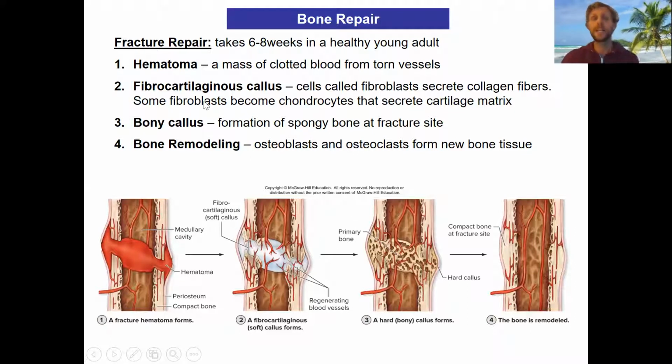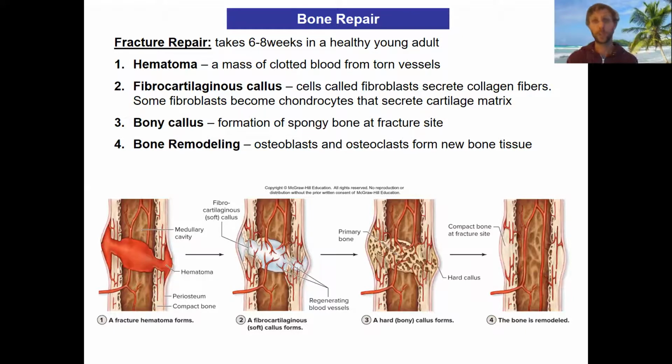Okay. It is that cartilage, of course, that can ossify over to bone. And so that's going to occur in our third step, that we now form the hard or bony callus. The thing though is, what's going to develop first is going to be spongy or woven bone. And so even though this might be the diaphysis of, say, a long bone where there should be compact bone, in the production of this bony callus, it's actually going to be spongy bone tissue at first.